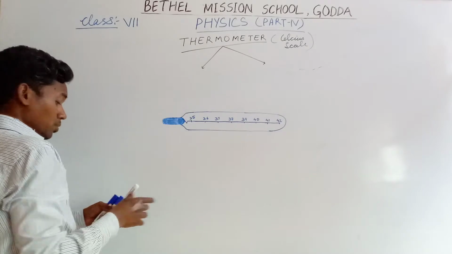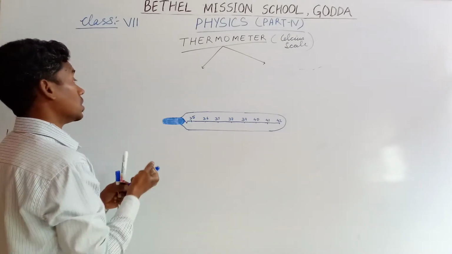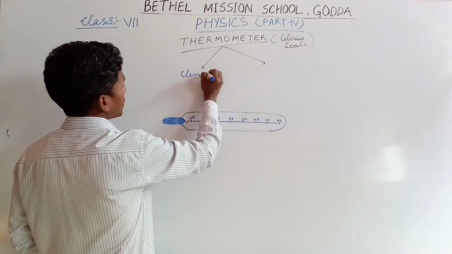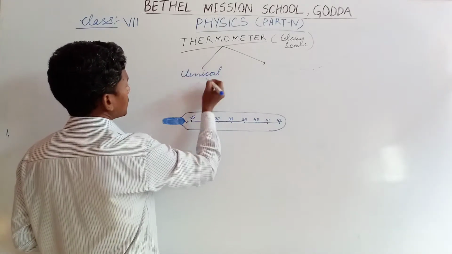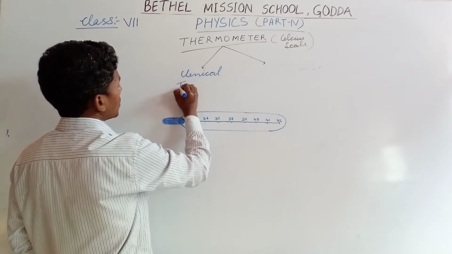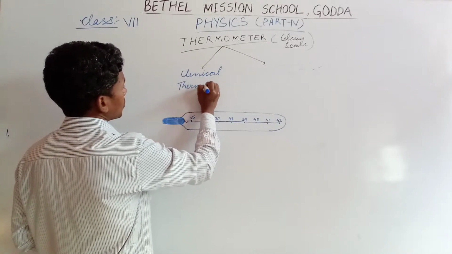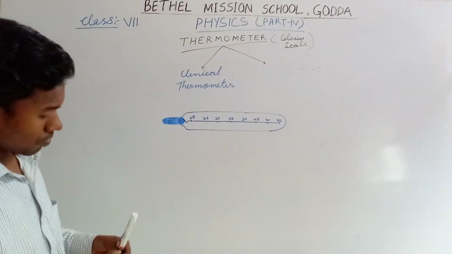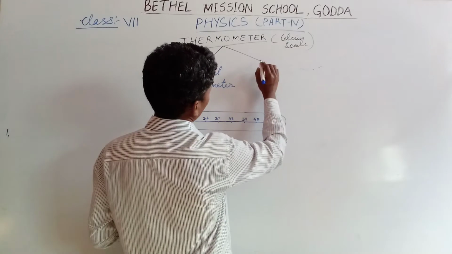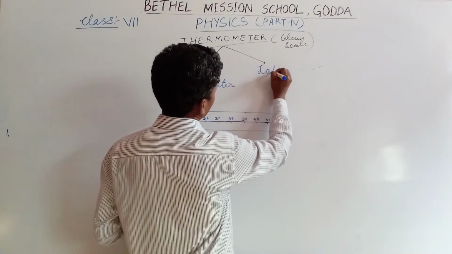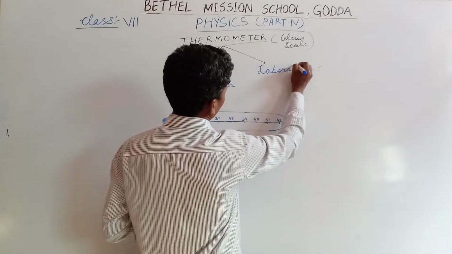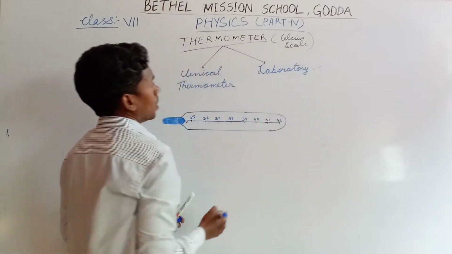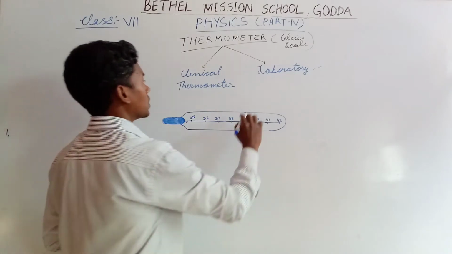The two types of thermometer are, first one is the clinical thermometer, and the second one is the laboratory thermometer.